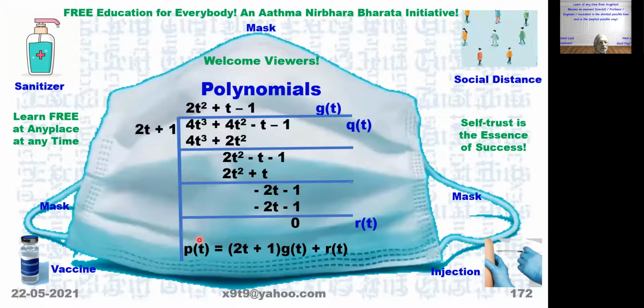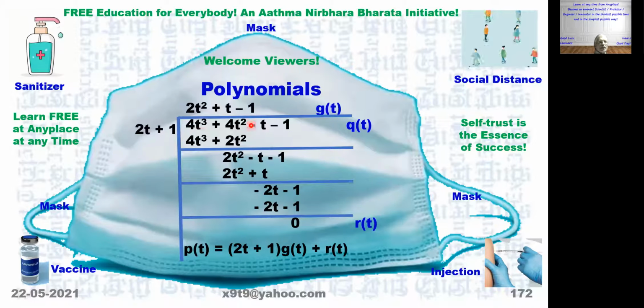So our formula becomes p(t) equals 2t plus 1, which is the divisor, multiplied by g(t), which is the quotient in this problem, plus r(t), which is the remainder. So p(t) is the given dividend.